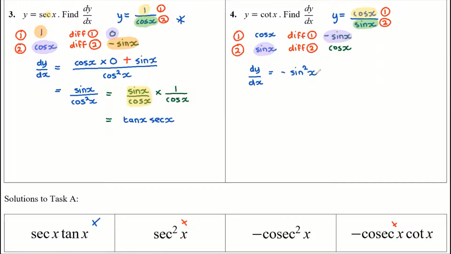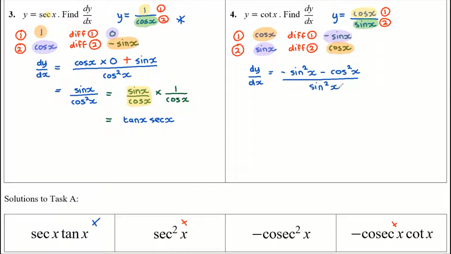And then I have to subtract the other diagonal, so subtract cos x multiplied by cos x. So that's going to be negative cos squared x all over function 2 squared. So that's going to be sine squared x.